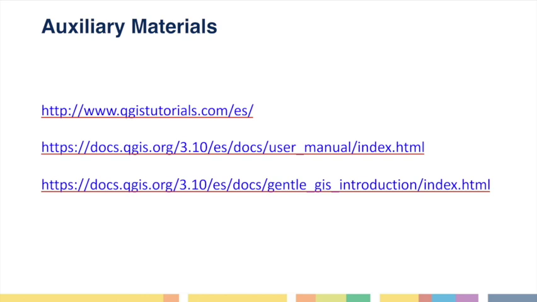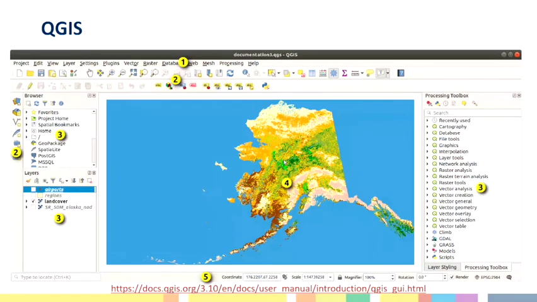And these are some of the links for tutorials, for the manuals, and also an introduction with a little bit more detail, and all of this material is available in English, Spanish, and other languages. So everything is very well organized and it's very useful for whoever's interested in beginning to work with this software, but also for people who are more advanced and want to get more information.